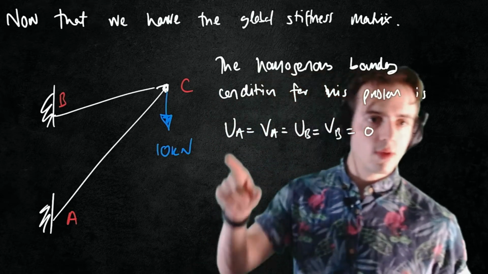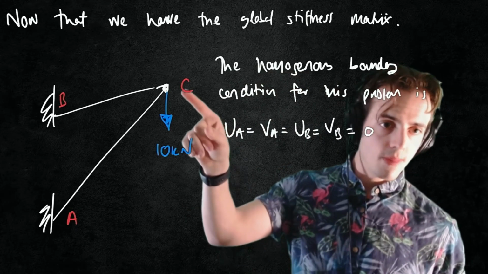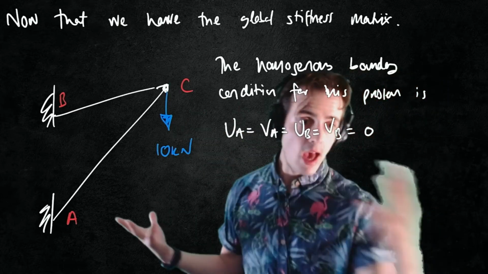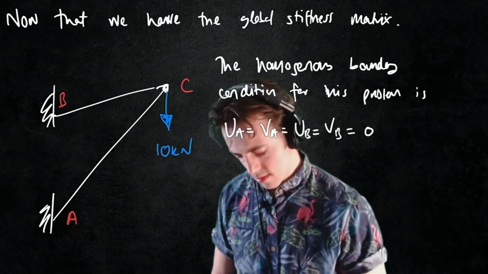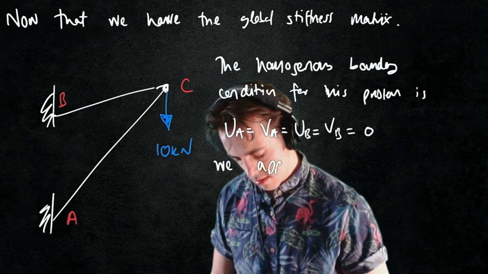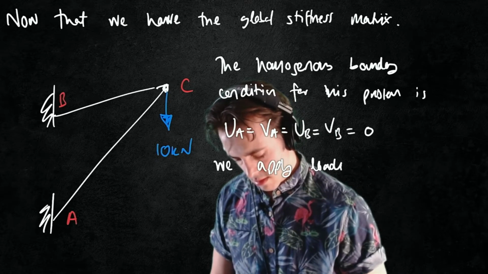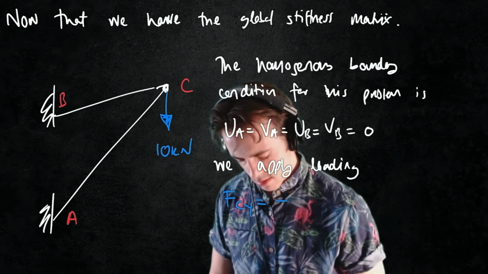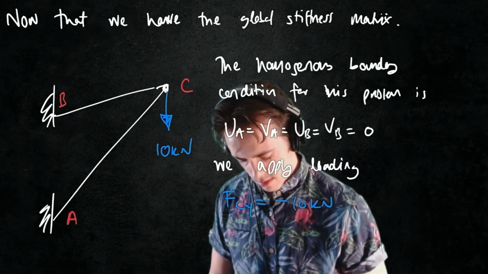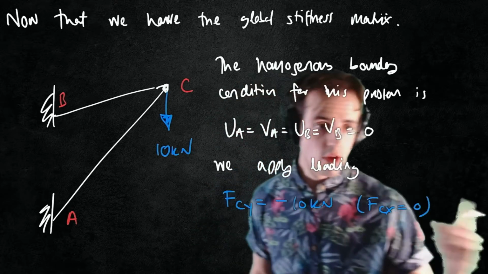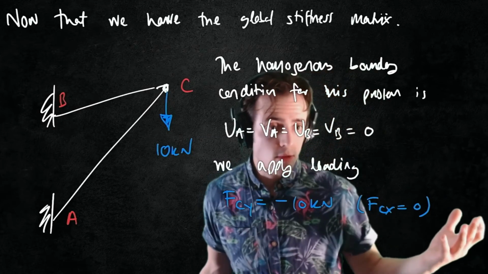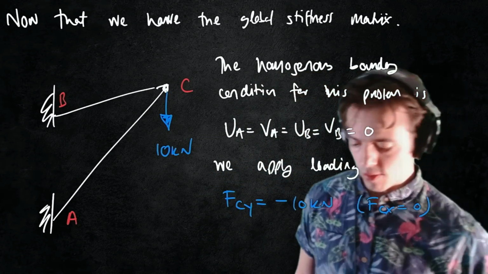And we're going to set an input of Fcy is equal to minus 10 kilonewtons and Fcx is equal to 0. I've just chosen to set Fcx equal to 0 for ease of solving this problem. I could have set it to a value if I wanted, and we still could have solved this whole problem.